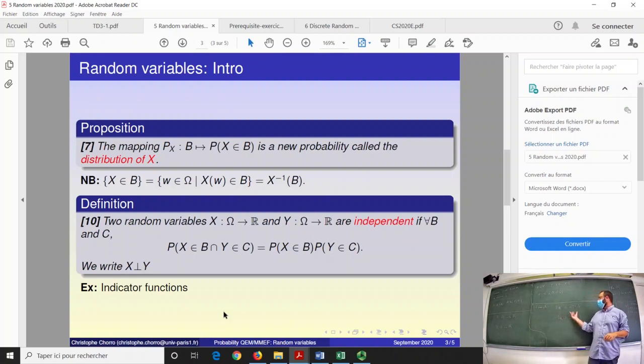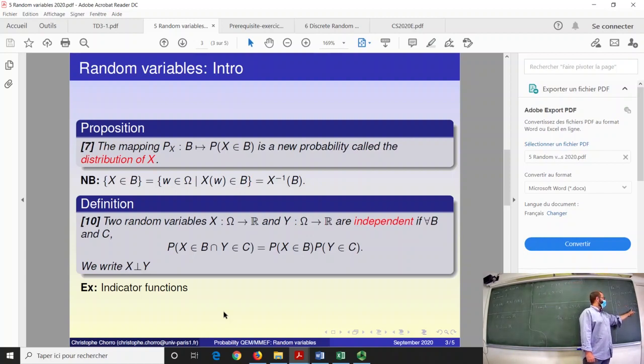I can take 0 as a value if I am in A1 complementary. Because it's the case where my values are 0. So the preimage of B, if 0 belongs to B and 1 doesn't, is equal to A1 complementary.